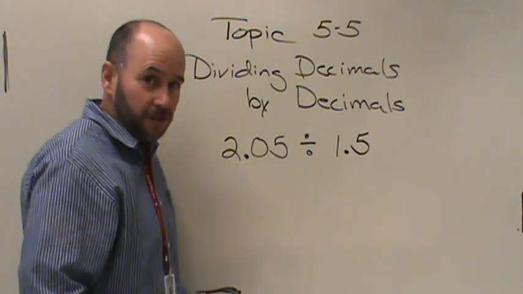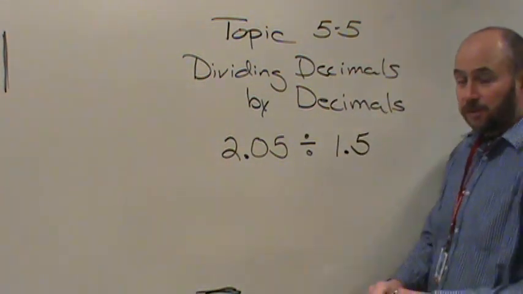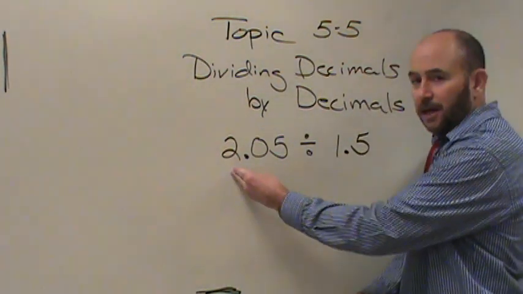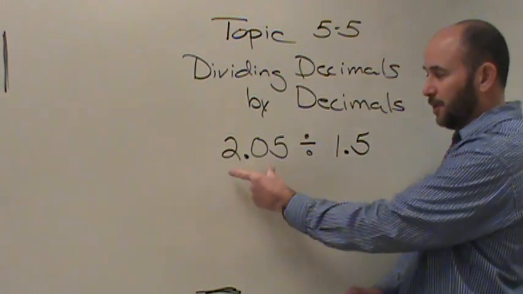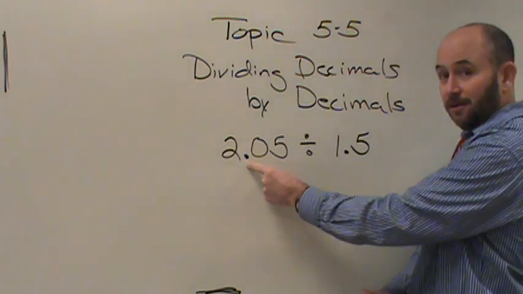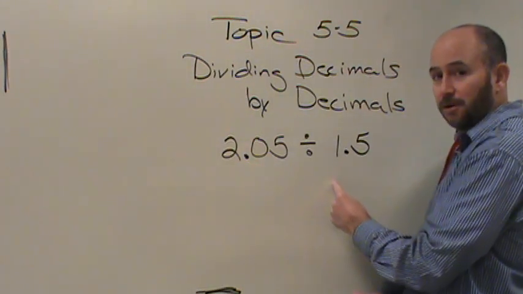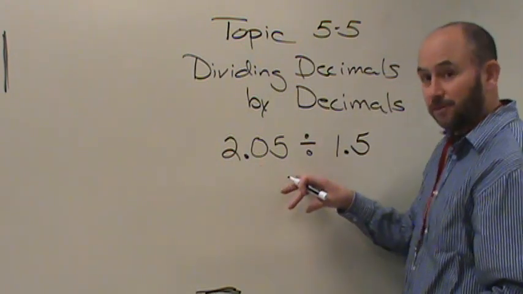Now, in a situation like that, the first thing you want to do is look at your problem and ask yourself, what do I have? Well, in this situation, you have a decimal divided by a decimal, which means you're going to have to deal with 2 decimal points, okay? So that's our goal today, is to show you how you do that.